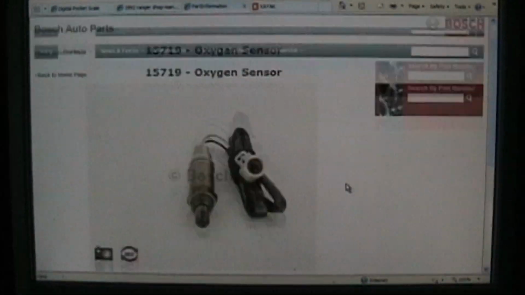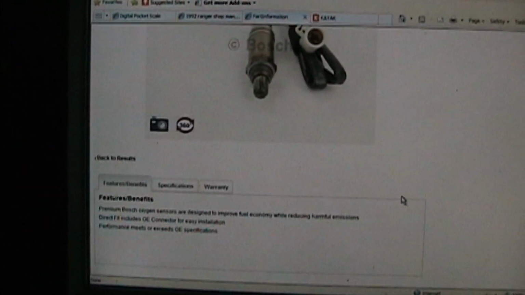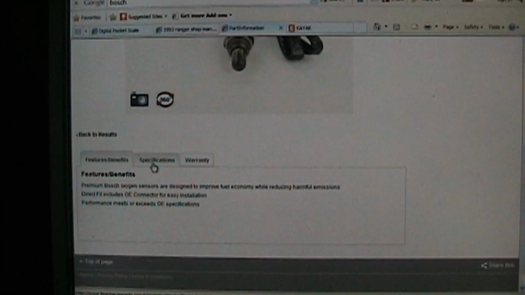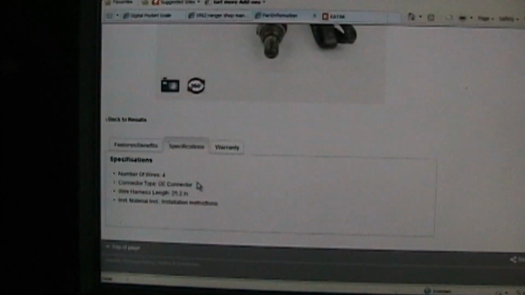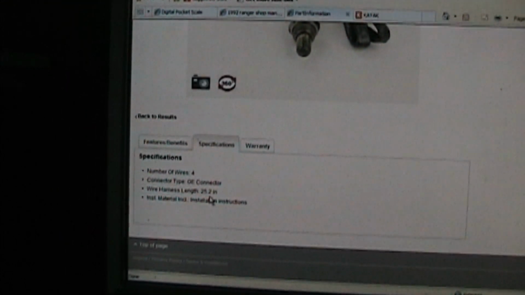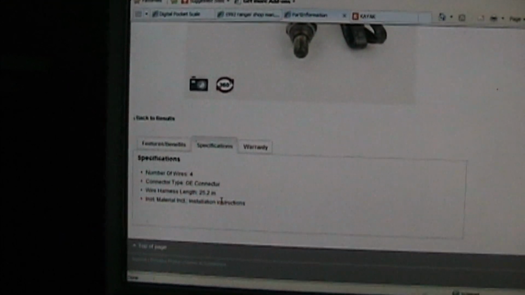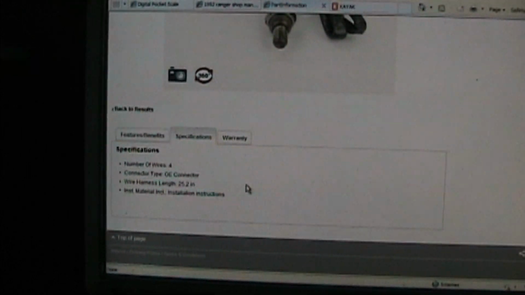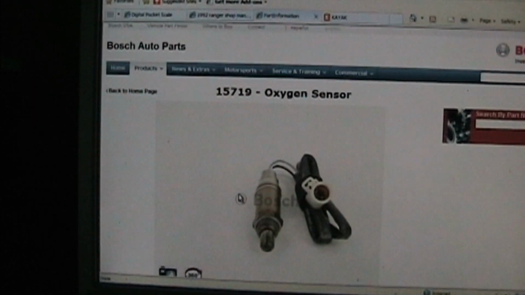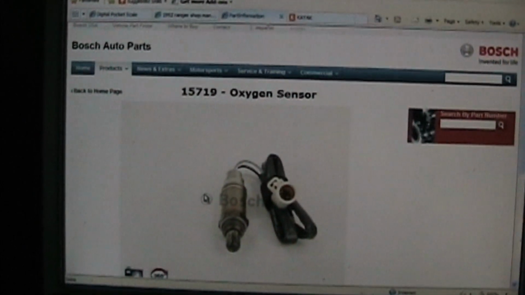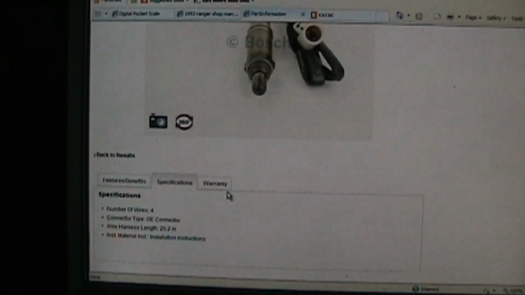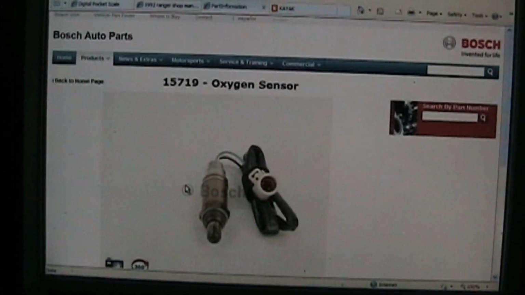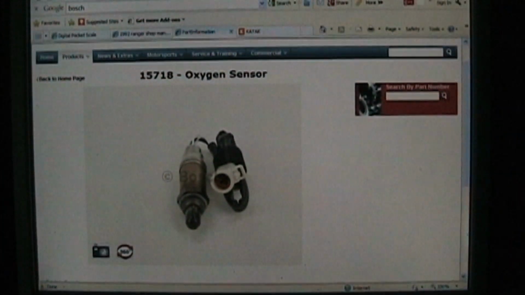Now the 15719, if we look at the specifications on it, we'll see that it's 25.2 inches long. It says wire harness length. So that is about 5 inches longer than the 15718.